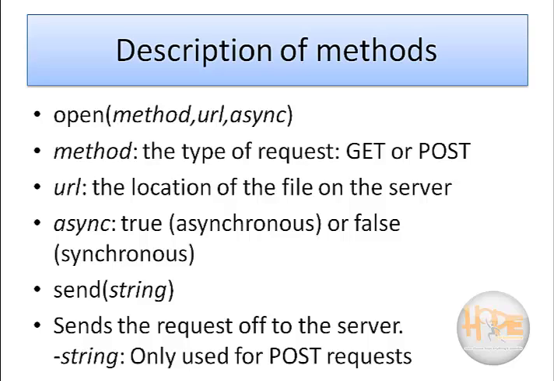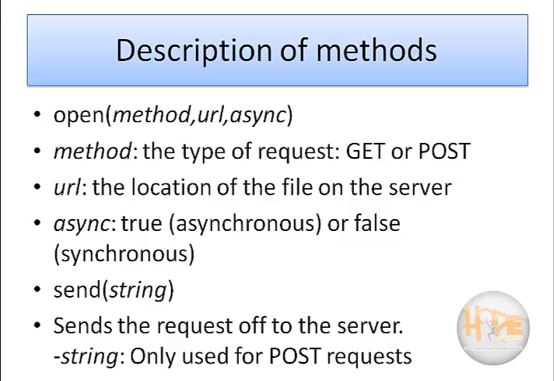The third parameter is asynchronous, which is by default true. We can also set it synchronous, but if we set it synchronous, then our entire application will freeze and the multi-threaded behavior will not be achieved. Next line is XMLHttpRequest.send, which accepts a single parameter as a string.